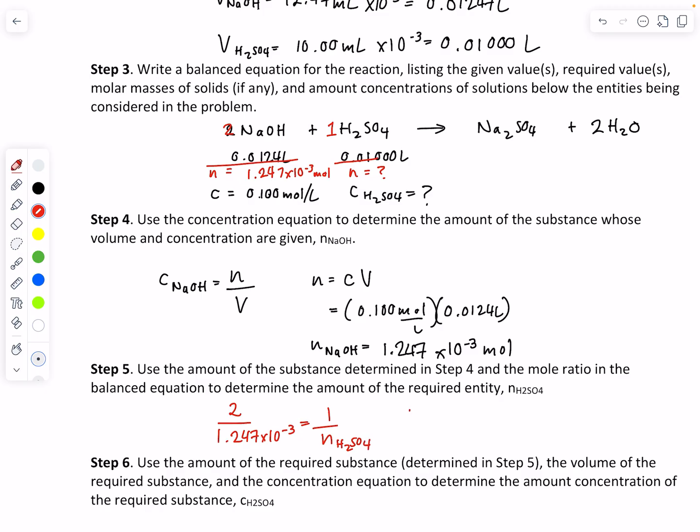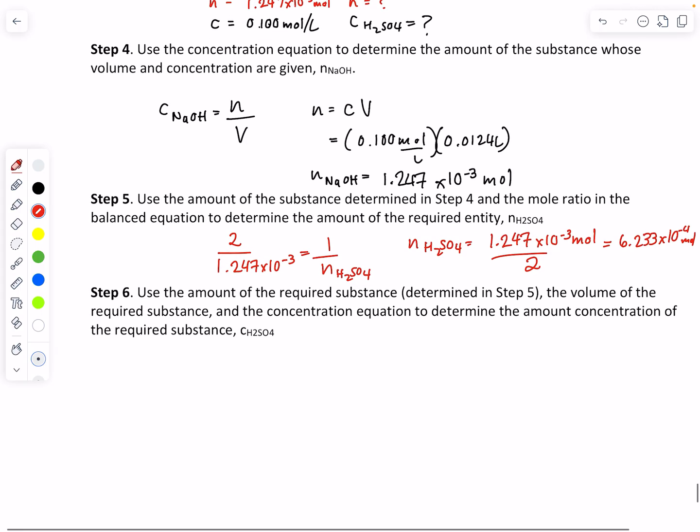If we rearrange to solve for the number of moles of H2SO4, it's equal to 1.247 times 10 to the power of -3 moles divided by 2, which equals 6.233 times 10 to the power of -4 moles.